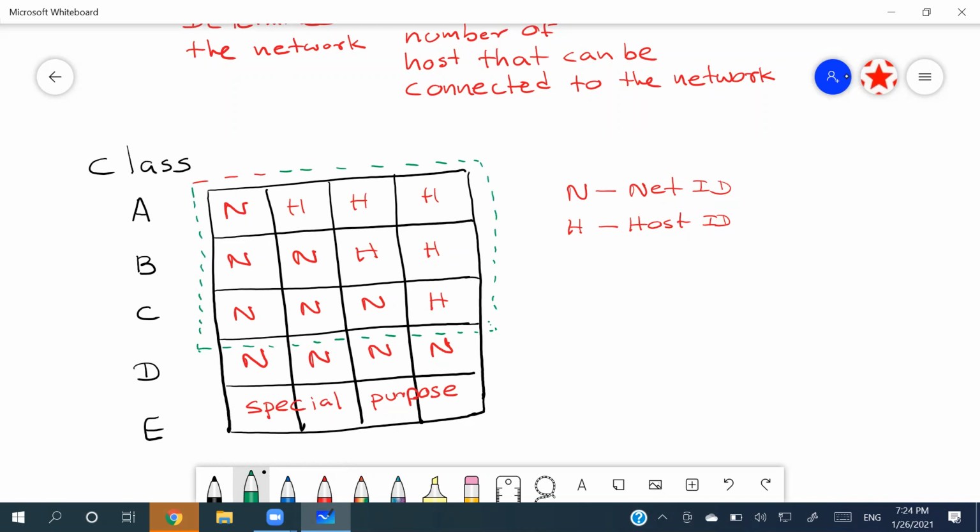Right? A, B, and C. But you should know there is something called D and E. Right? Okay. Put this onto your note. Right?